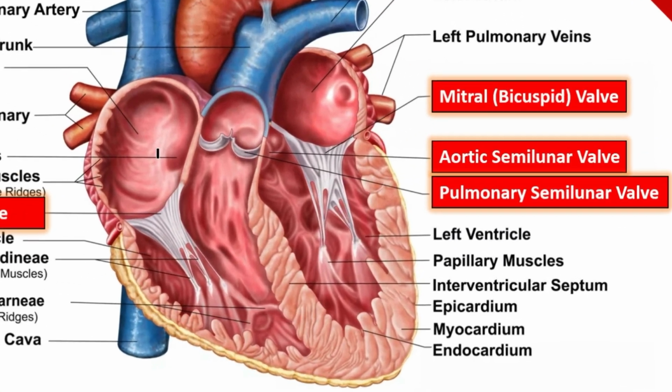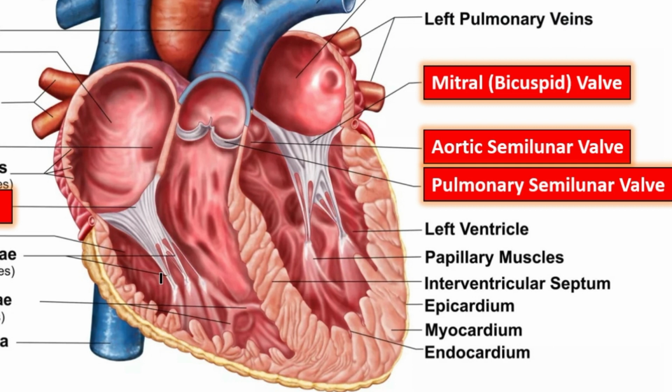Blood from the right auricle enters the right ventricle through this tricuspid valve. When the ventricle contracts, this valve will close. If this valve closes, blood from the ventricle cannot go back into the auricle. Instead, the blood present in the right ventricle will move into the pulmonary artery.